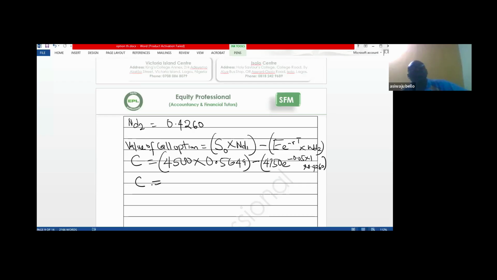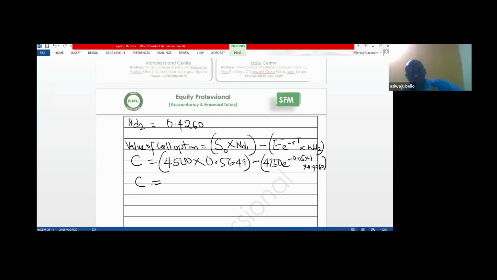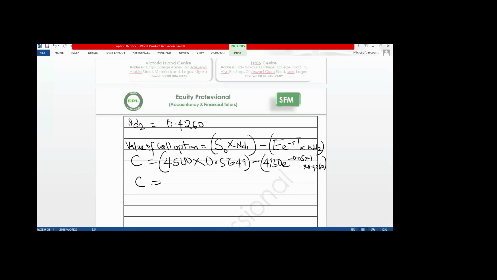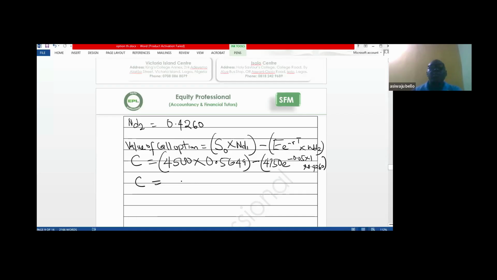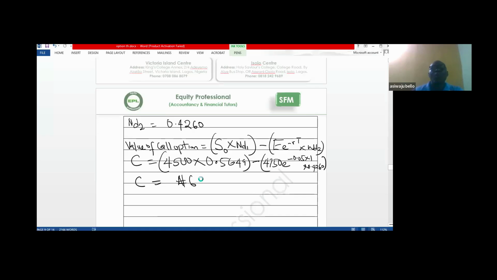You can't get minus. So I got 617.237. Correct. Option value can never be minus. 617.237.